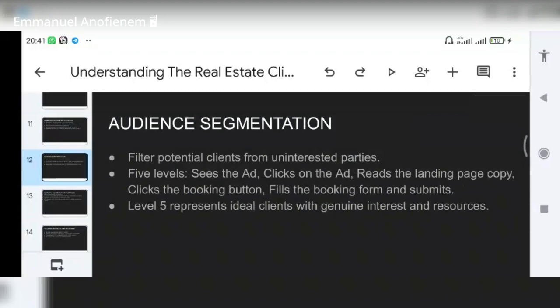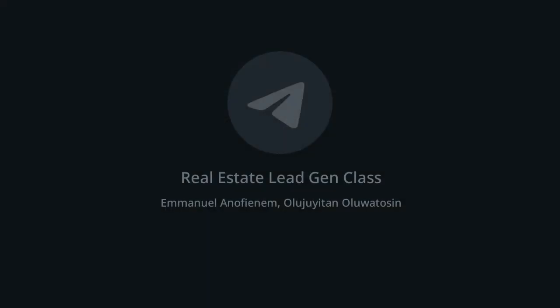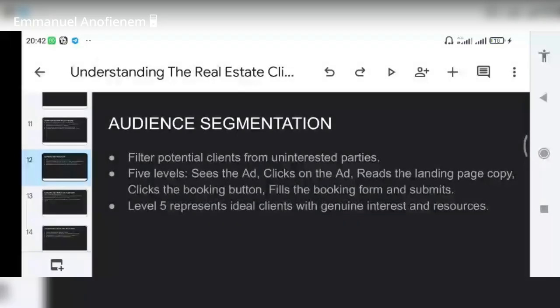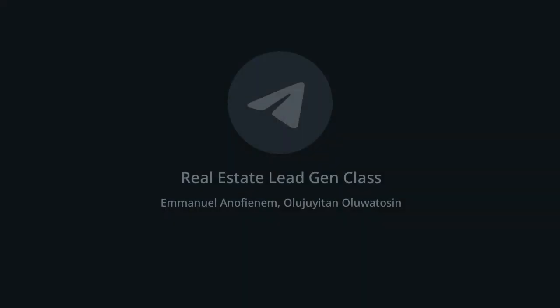So now, audience segmentation. I've already explained a little about audience segmentation at the beginning of today's class, but let me go into it here again. Basically, you're filtering out potential clients from those who are not interested or those who are not your target audience. Here I gave 5 levels, right?